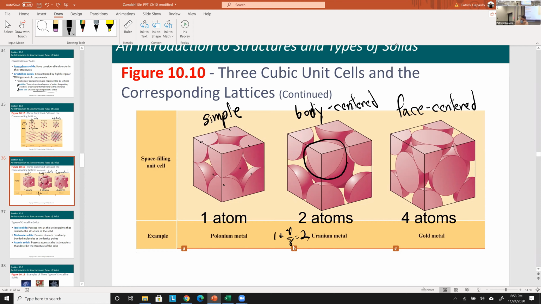There's 4 halves on the faces. That's true. There's not one hole in the center. There's 2 in the center, 2 from the corners. Not 2 from the corners.